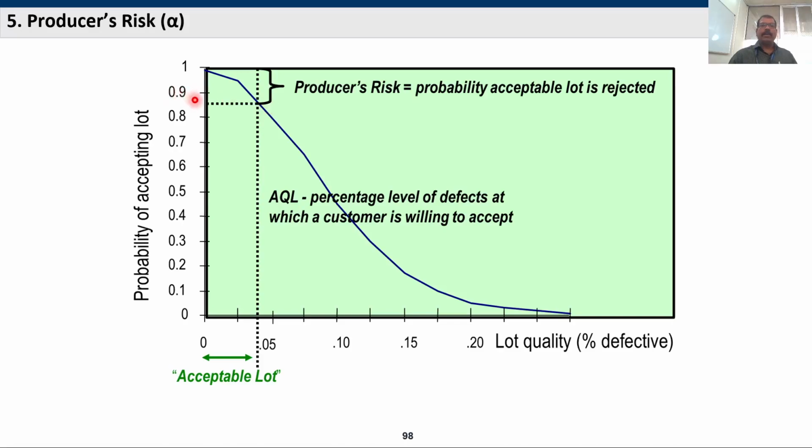Then if you go here, it is maybe around 85 percent acceptance. So this 85 percent, in the sense, the remainder is called a rejection. So this is producer risk: the probability that an acceptable lot is rejected in this range, because you are not accepting 100 percent, you are rejecting some. So this is the loss for the producer.